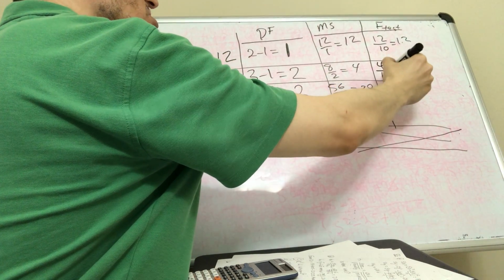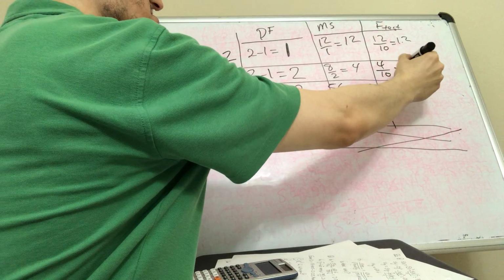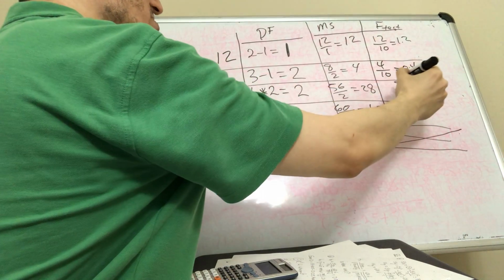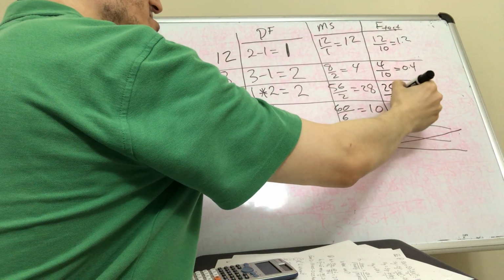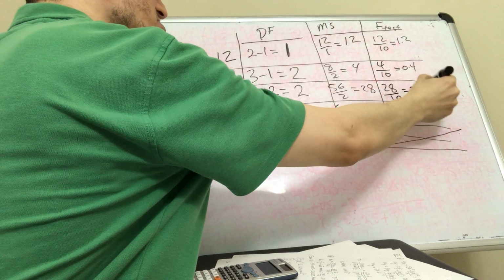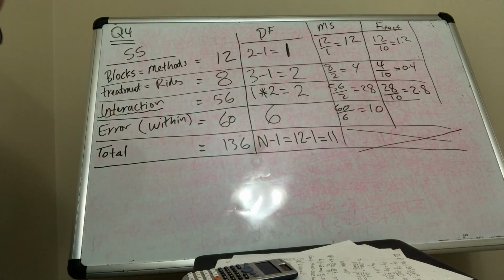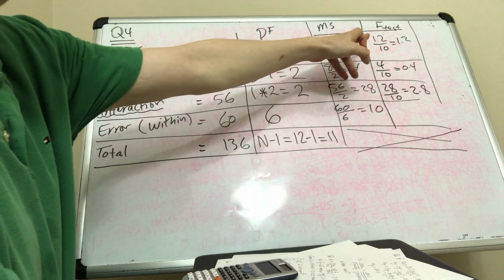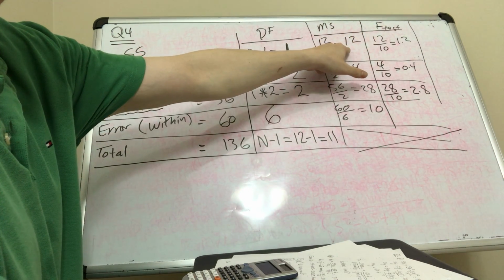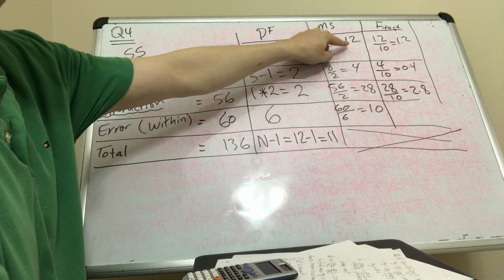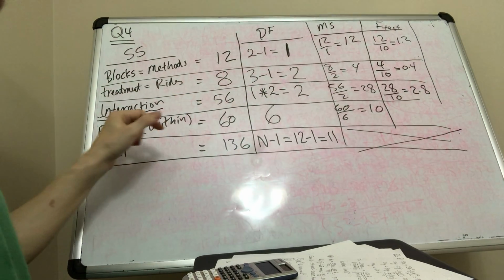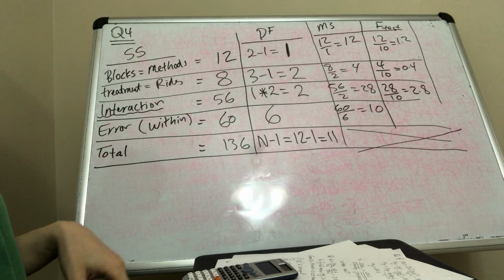This is 4 over 10, 0.4, and this is 28 over 10, 2.8. So again, for the F test, you take whatever the MS is in the same level, and you divide by the MS error.